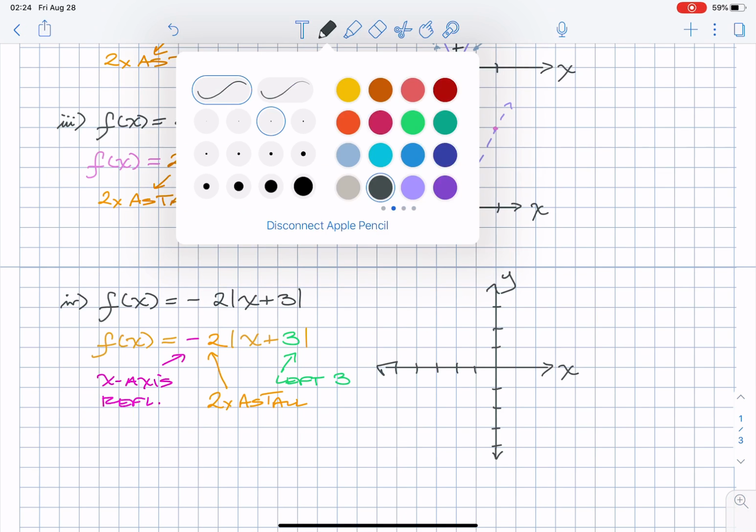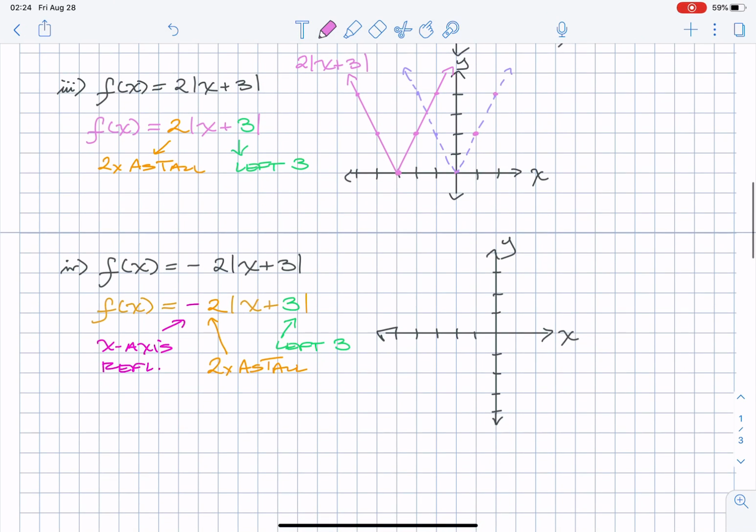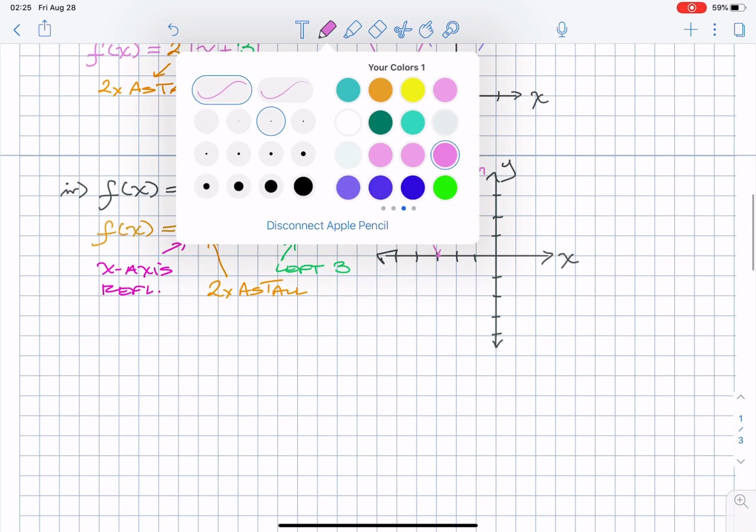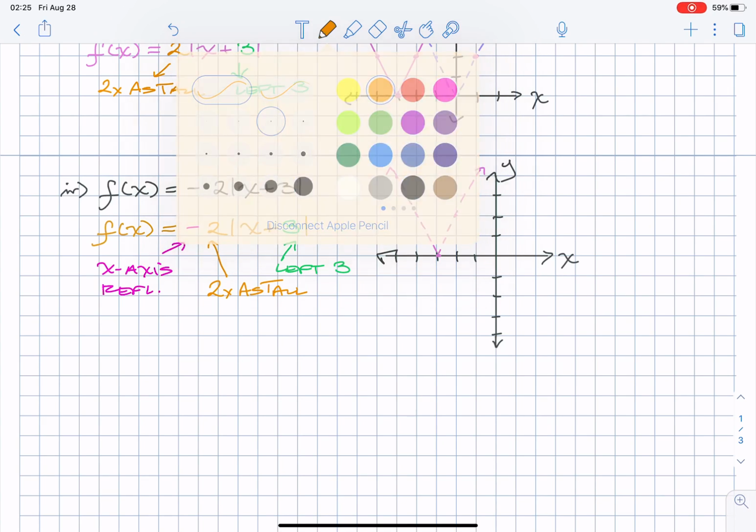Okay, so we had the pink graph, which was to the left 3 and twice as tall. Now all I'm doing to change that is reflecting it about the x-axis.